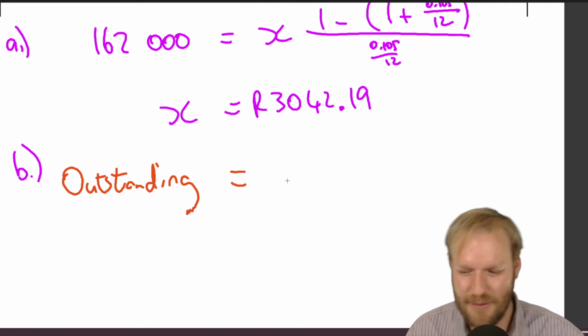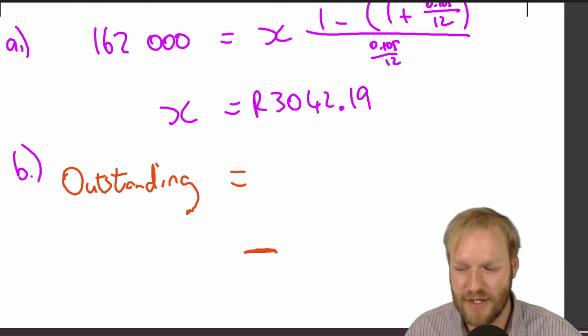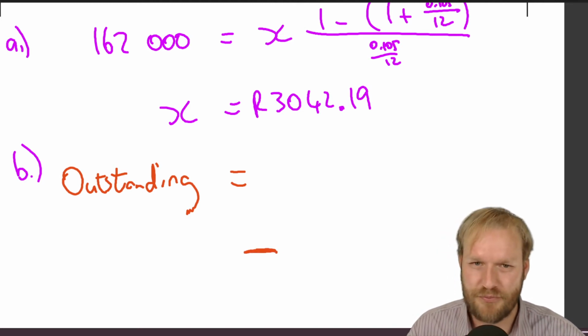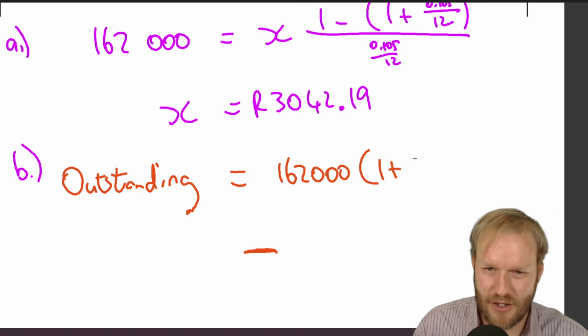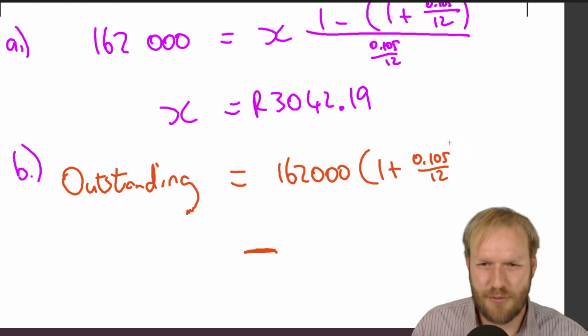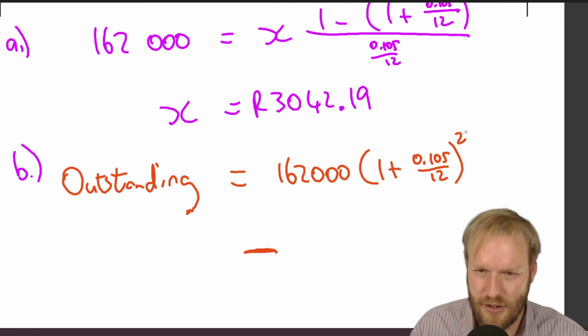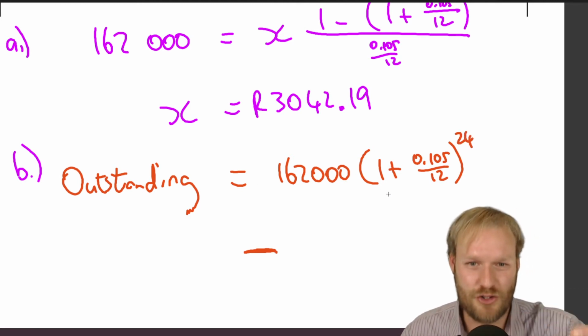I'm going to take how much the loan has grown to after 24 months, and then subtract how much we've paid off up to that point. The loan was 162,000 Rand, growing at 10.5% per annum compounded monthly over 24 months.